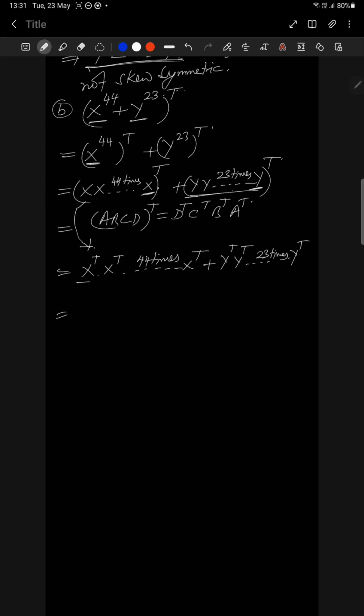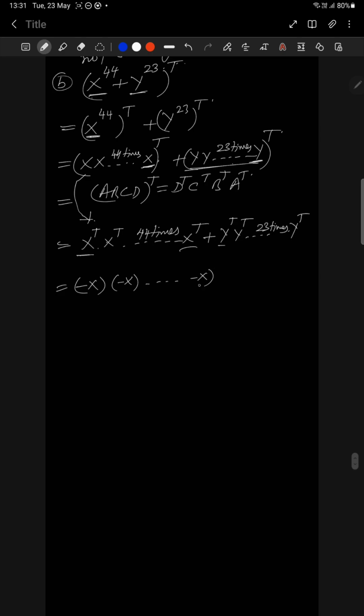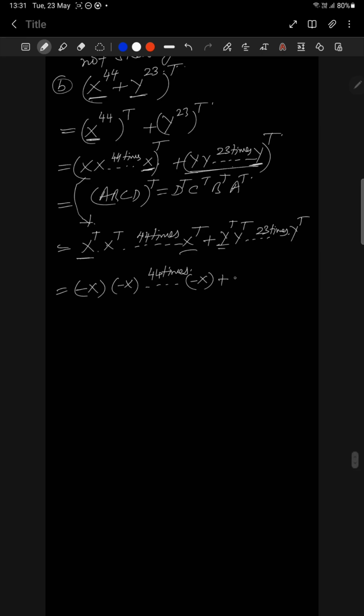Now we are given x and y both are skew symmetric, so we are finding it, this will be written as minus x and minus x, last one, 44 times, and in this one plus this will become minus y, how many times? 23 times. So finally the minus sign is multiplied 44 times, even number of times.